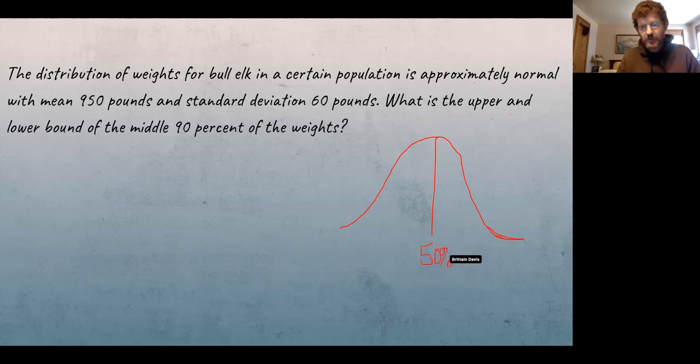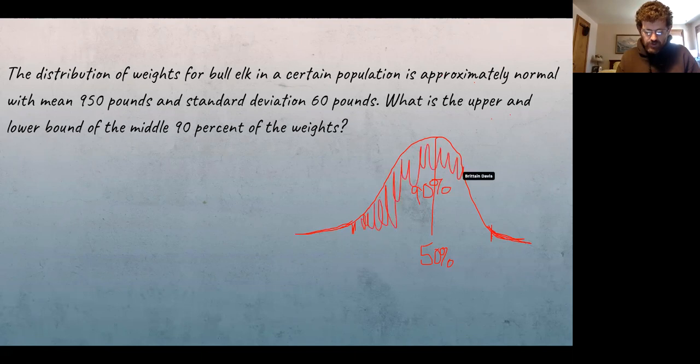It's the 50th percentile because it's a unimodal symmetric distribution, and the median and the mode are the same. Somewhere down here is the lowest little bit, and somewhere up here is the highest bit, and we want this part in the middle to be the 90% of the data.